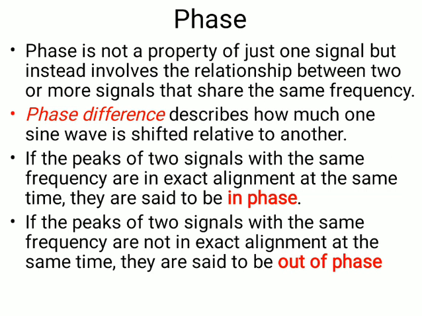On the other side, if the peaks of two signals with the same frequency, same frequency meaning they both have the same time period, are not in exact alignment at the same time, then they are said to be out of phase.